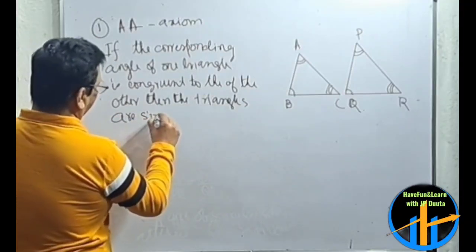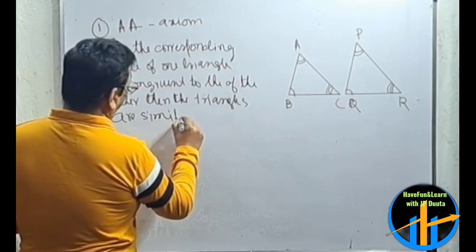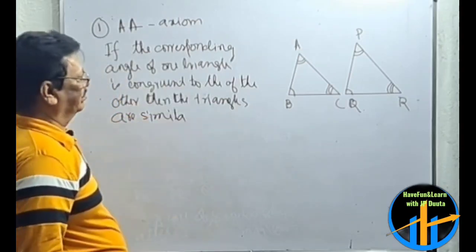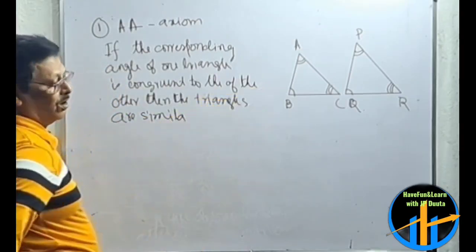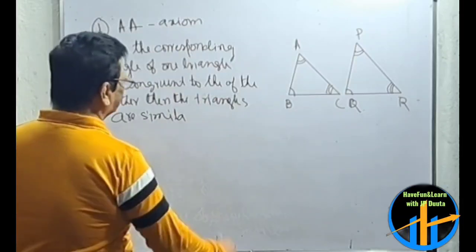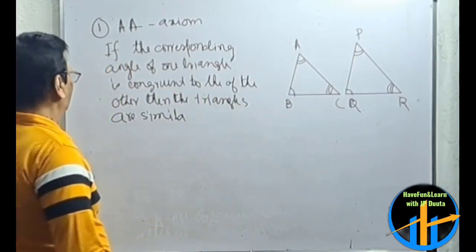But is it clear? Like here, triangle ABC is similar to triangle PQR, and the reason is the corresponding angles are equal.